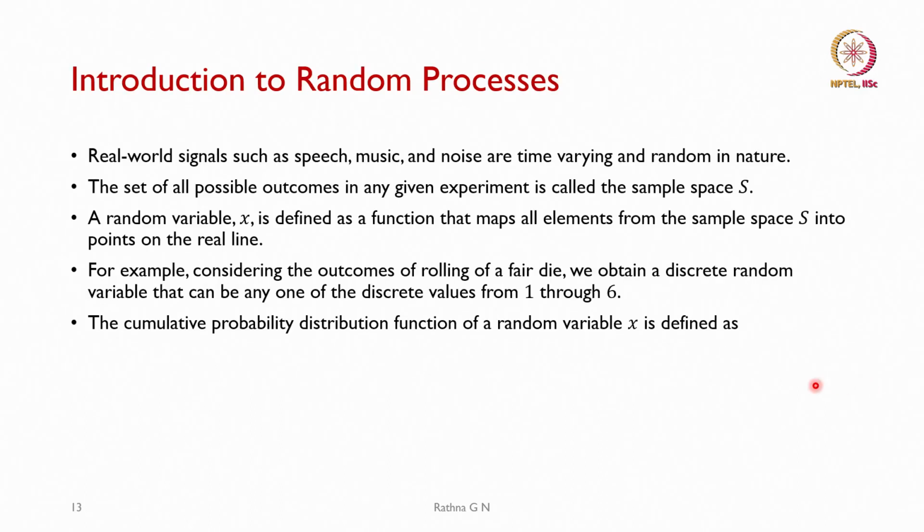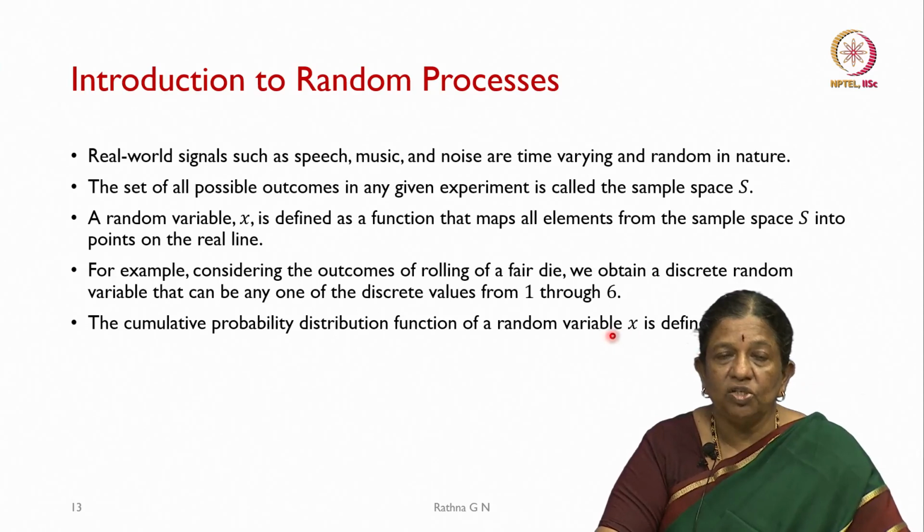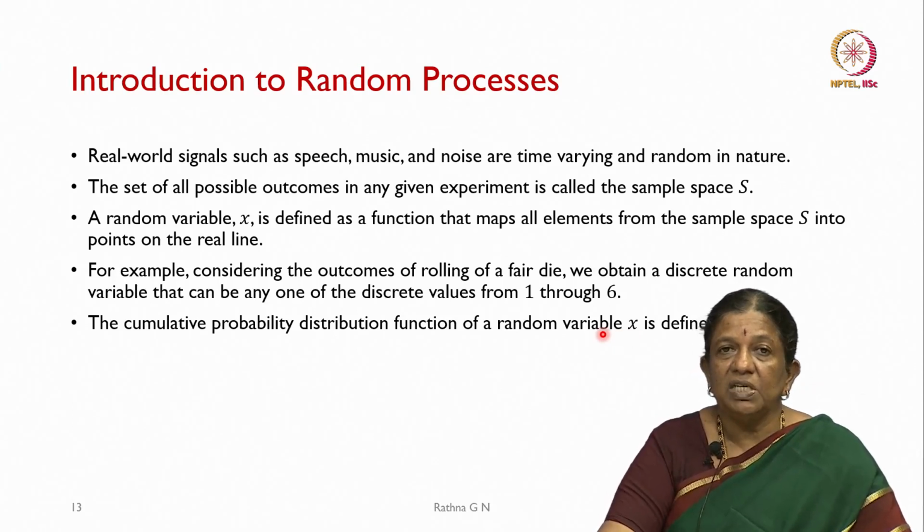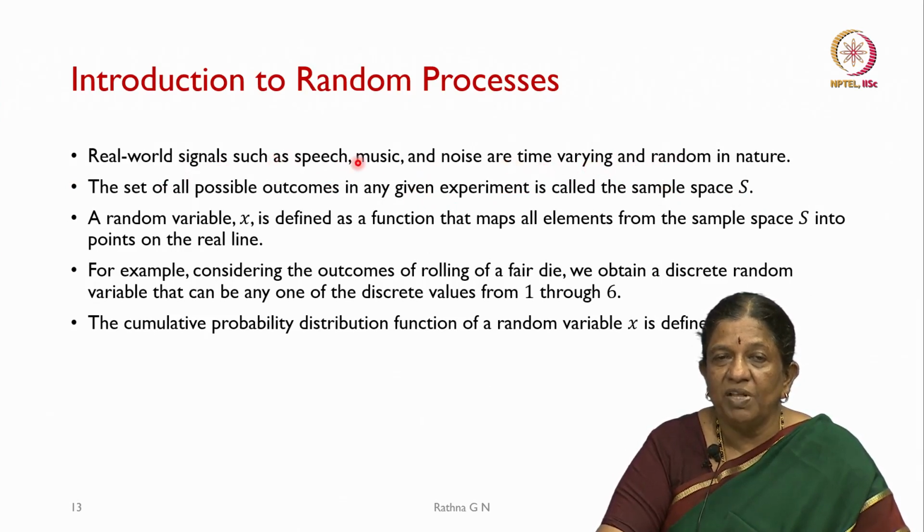Coming to the next topic, we introduce a little on random processes. We know that real-world signals such as speech, music and noise are time varying, and they are random in nature. The set of all possible outcomes in any given experiment is called the sample space S. Why do we need random processes?